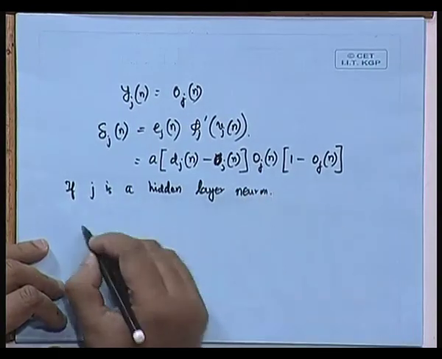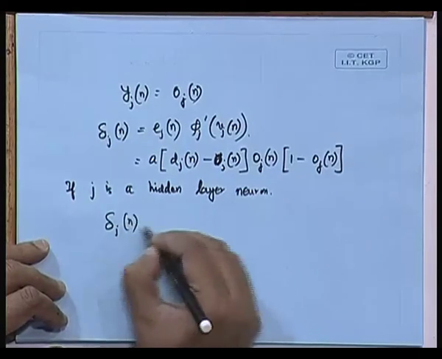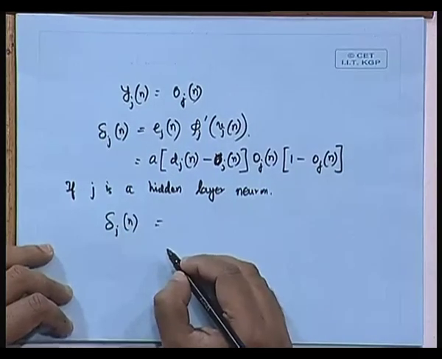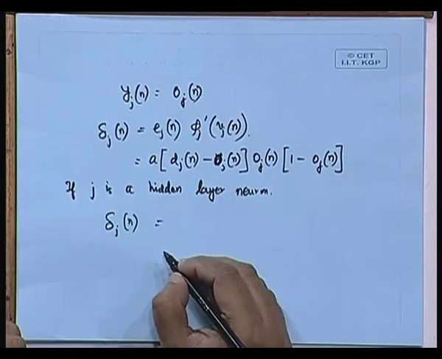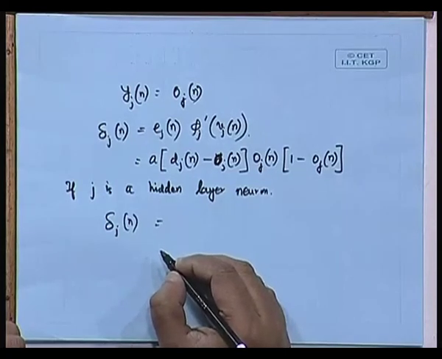in such a case, what will be the expression for our delta j n? Delta j n will be equal to what? Remember our discussion from the last class? Phi dash j n multiplied by the summation of all the delta terms, the weighted summation of the delta terms in the output layer, and that weighted summation will be over k, where k is the index for output neurons.